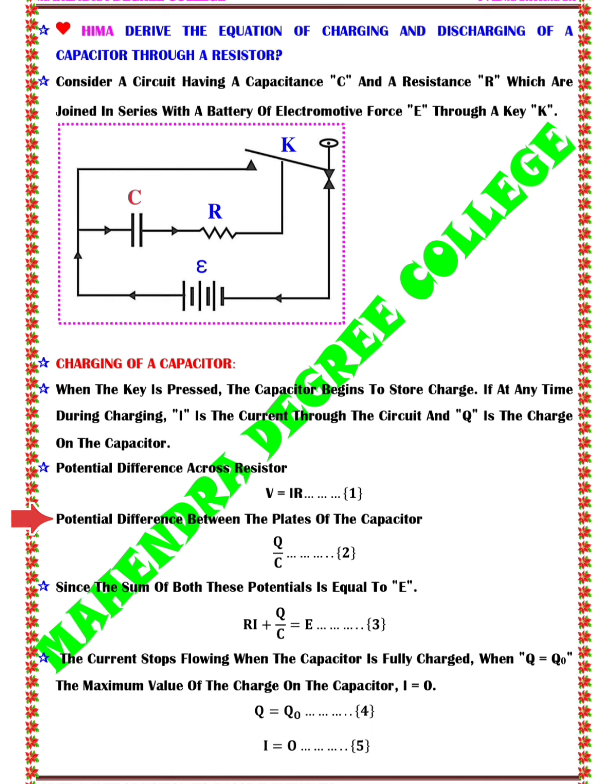The potential difference between the plates of the capacitor equals Q by C. This is equation number 2, where V is the potential difference measured in volts, Q is the charge on the capacitor in coulombs, and C is the capacitance in farads.